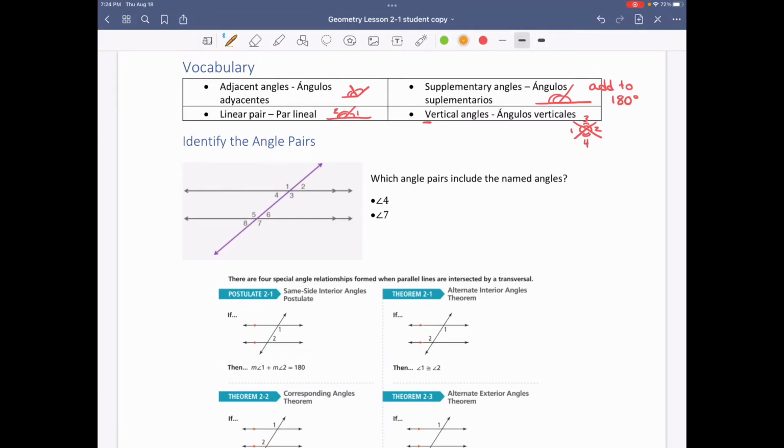In this section, we have identifying the angle pairs. Which angle pairs include the named angles? So we have angle 4, which is right here. We want to know which angle pairs include that. So angle 2 is also a pair with angle 4. Angles 8 and 6.